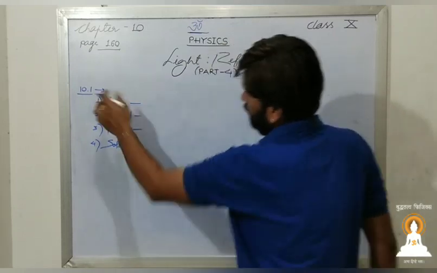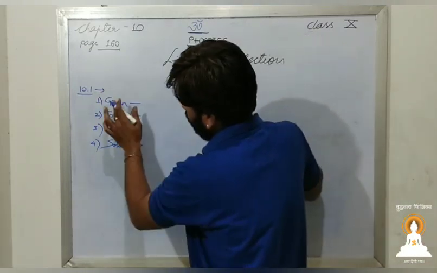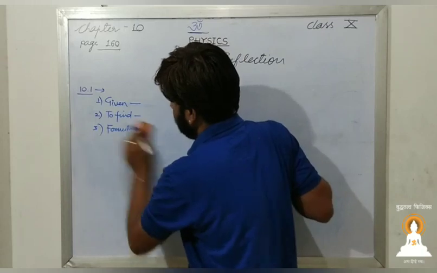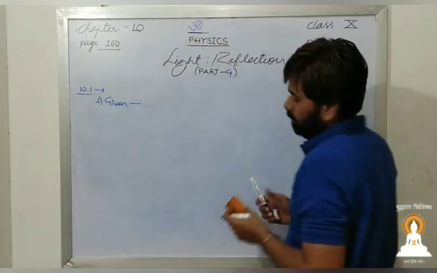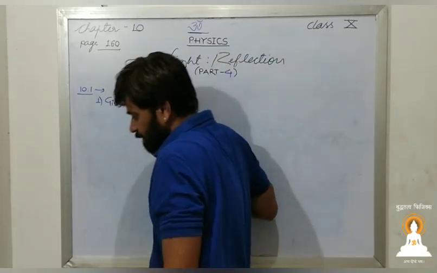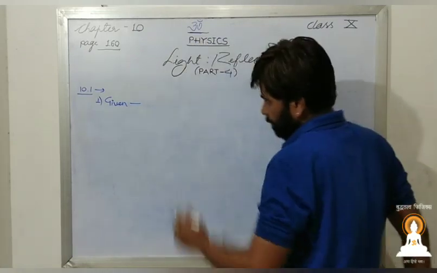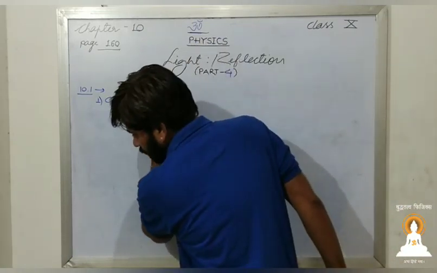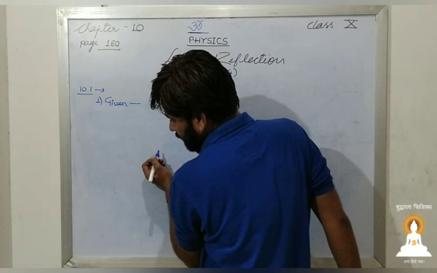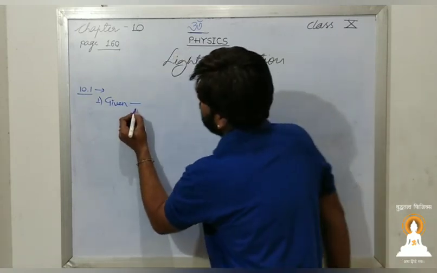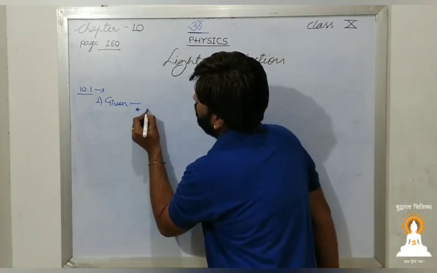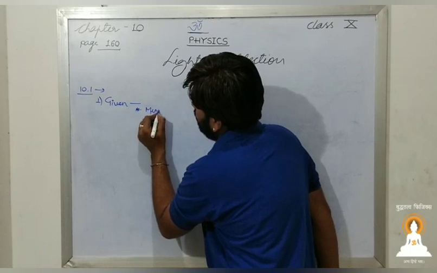Okay, so 10.1 says, now in the given, let us see what they have given. A convex mirror used for rear view on an automobile has a radius of curvature. So the very first thing they have given is the mirror. Which mirror is here?